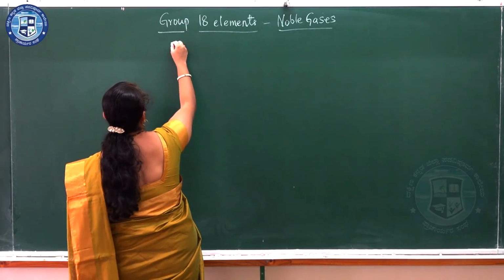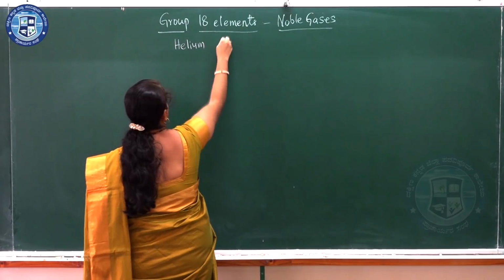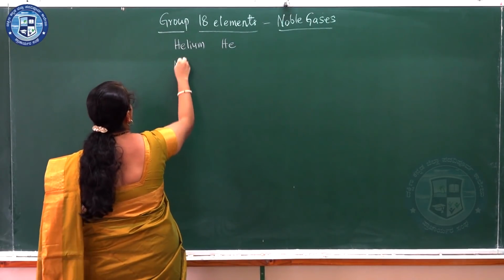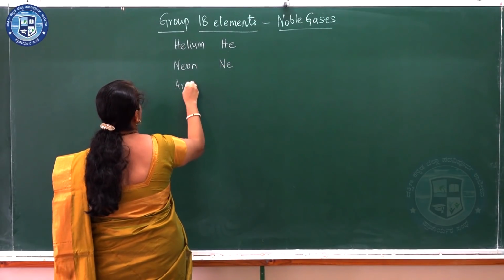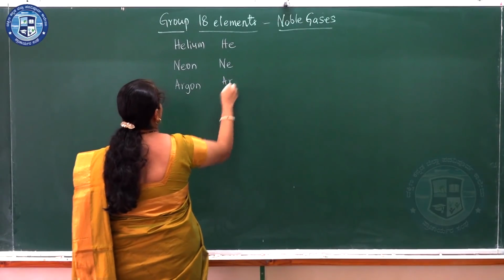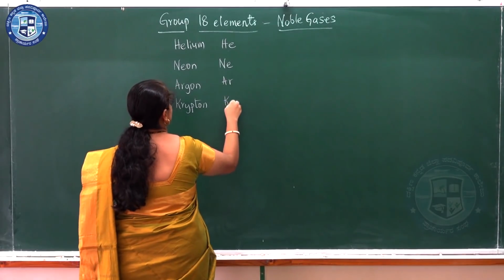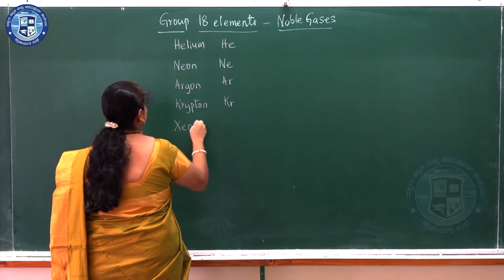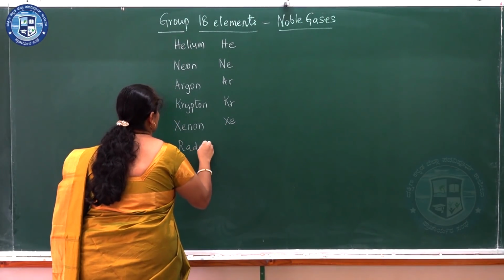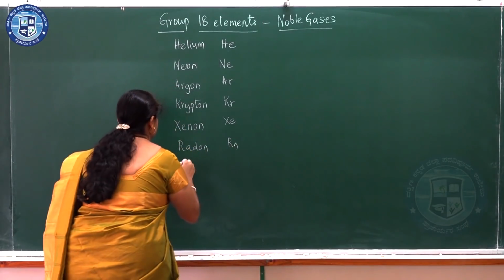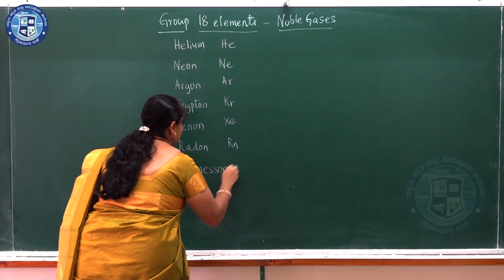It starts from helium, He, neon, Ne, argon, Ar, krypton, Kr, xenon, Xe, radon, Rn, and oganesson, Og.